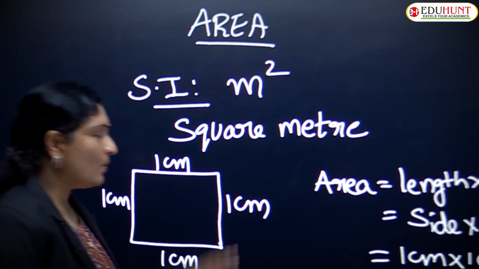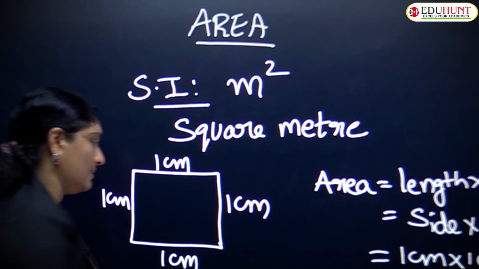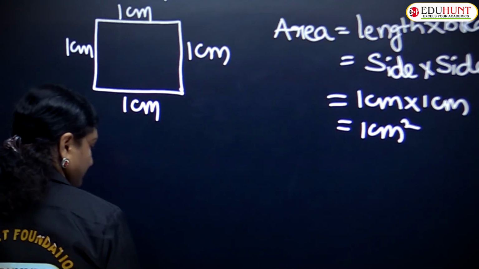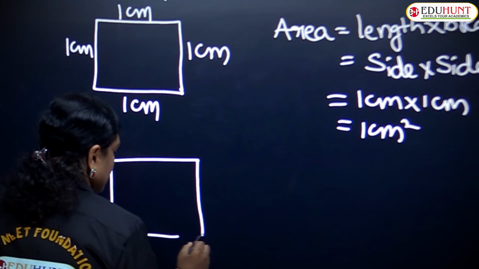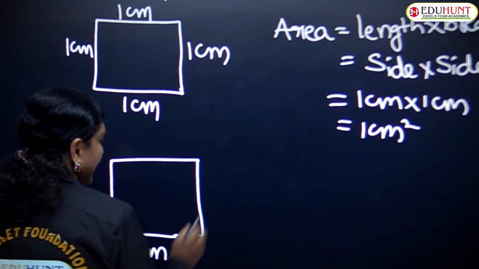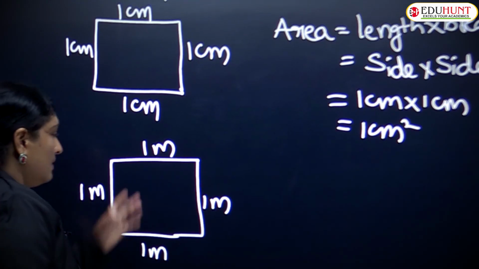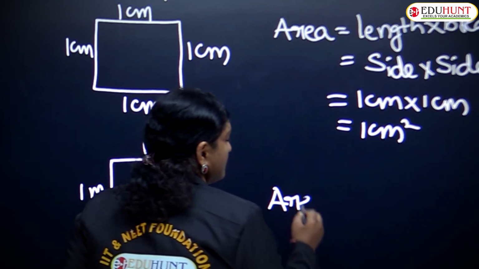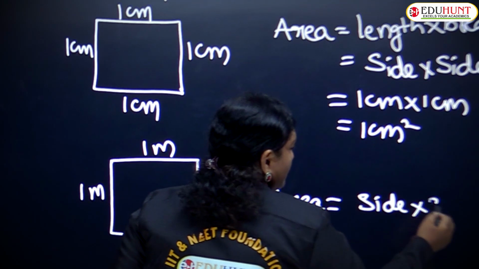Suppose instead of 1 centimeter, they had given you 1 meter. A square surface has been given whose each side is 1 meter. Then the area of this figure is equal to side into side, side square.